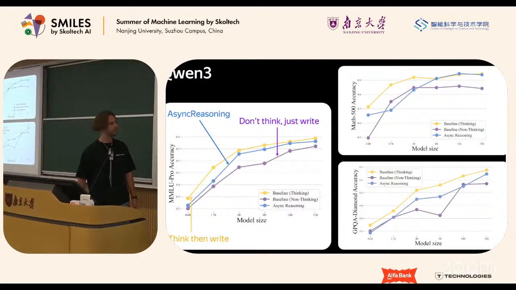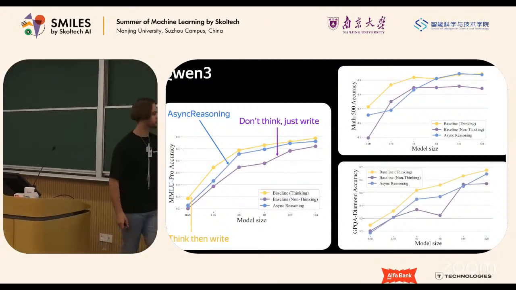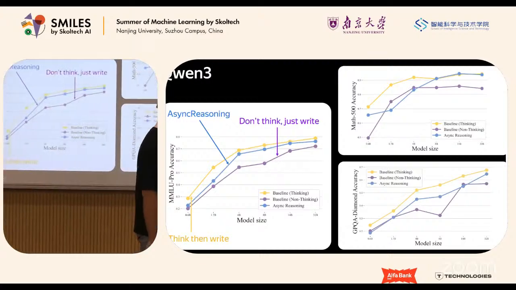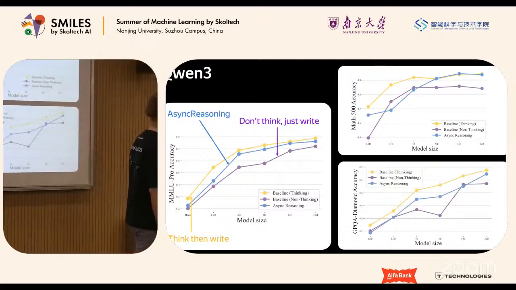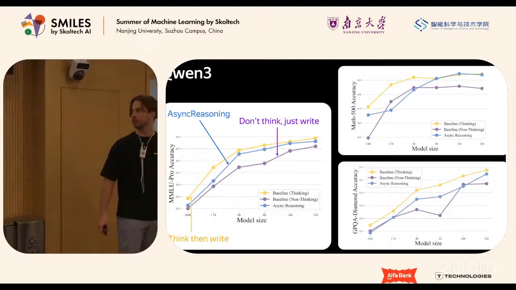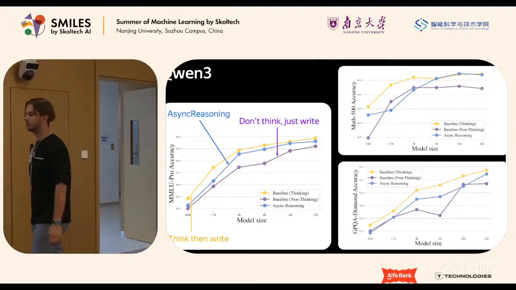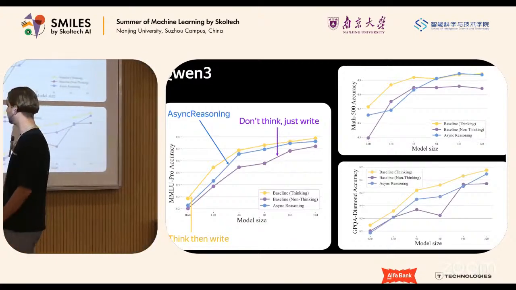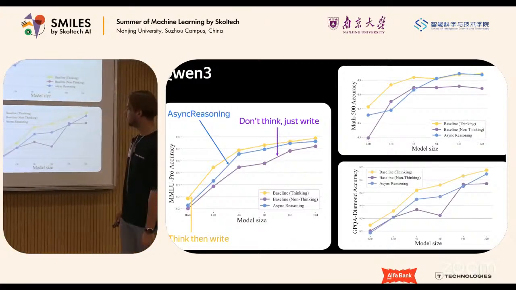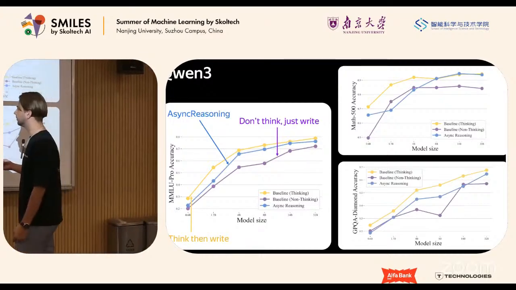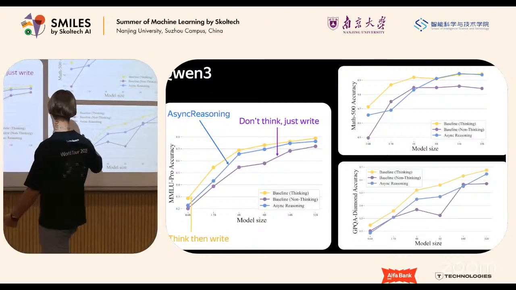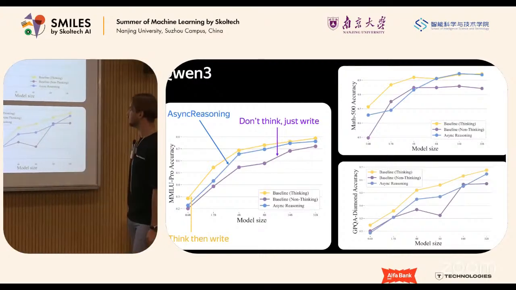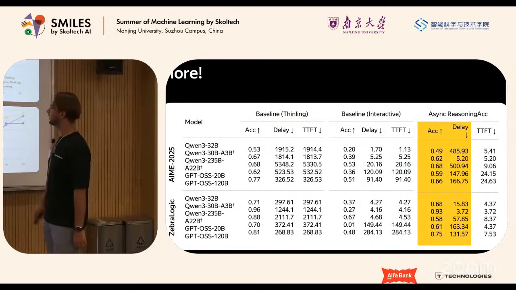Yeah, these are some graphs for Qwen. We've primarily measured this setup on the Qwen family of models with some other models like GPT-OSS. The idea is as follows. Here is accuracy only plotted, I think. Yeah, I don't see any delays, but for different benchmarks.